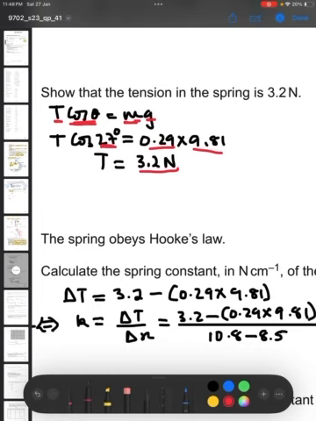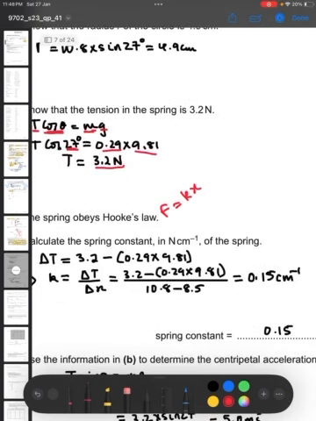If it obeys Hooke's law, it means that the applied force on it is equal to kx, or applied force is directly proportional to the extension at all times during its loading. So calculate the spring constant in Newton per centimeter of the spring.